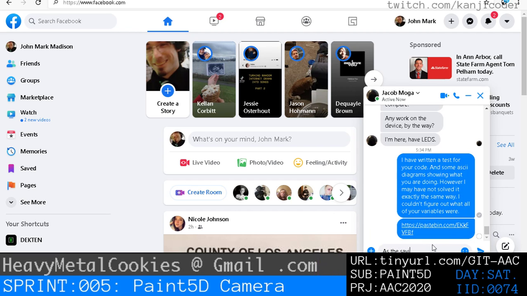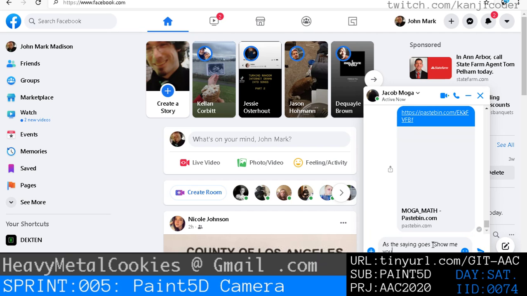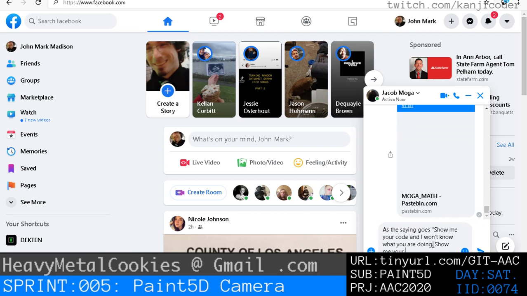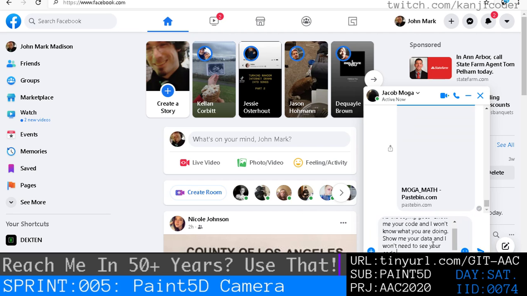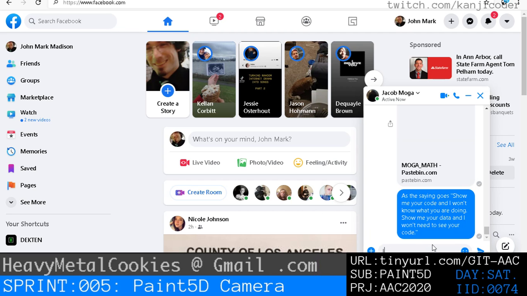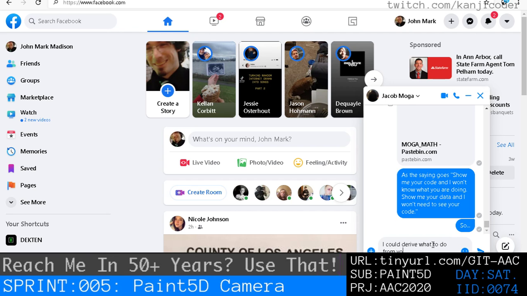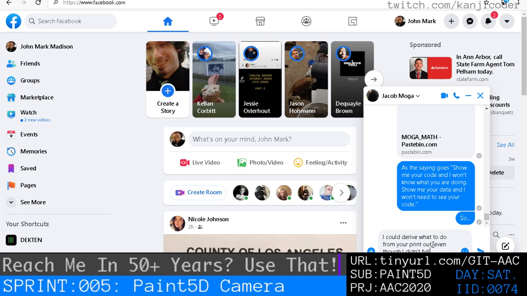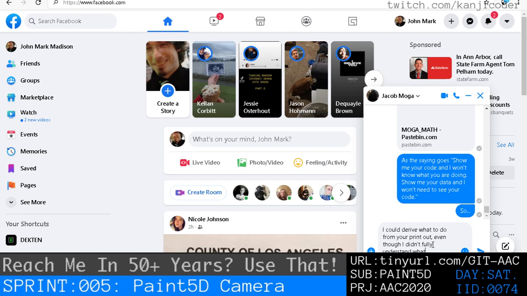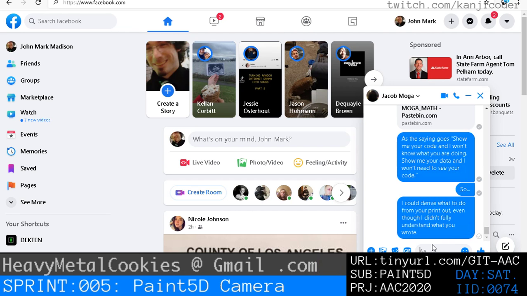As the saying goes, show me your code, and I won't know what you are doing. Show me your data, and I won't need to see your code. So, I could derive what to do from your printout, even though I didn't fully understand what you wrote. Hashtag data.